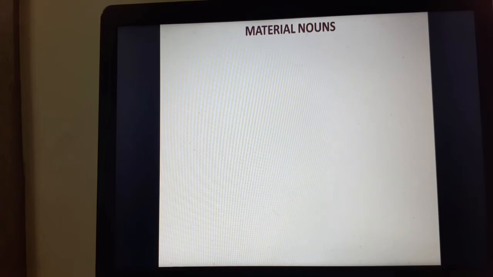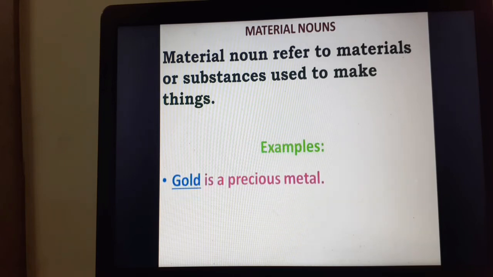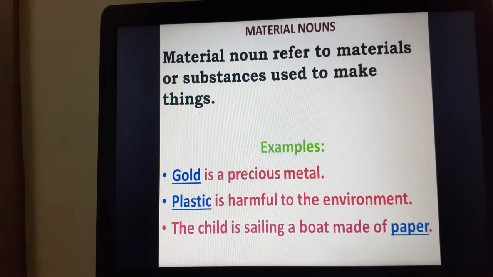Now, material nouns. What are material nouns? Material nouns refer to materials or substances used to make things. Examples: gold is a precious metal. Plastic is harmful to the environment. The child is selling a boat made of paper.